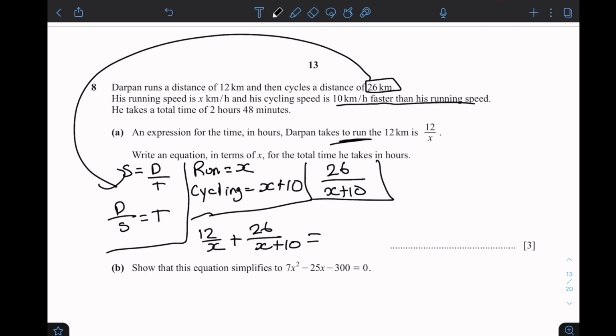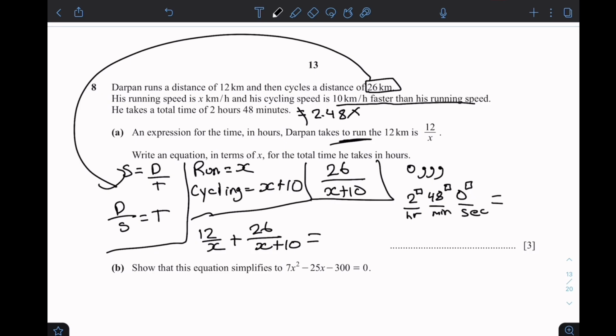You cannot just write it as 2.48. This is not possible. So what you need to do is, in your calculator, there's a special function with the degrees-minutes-seconds symbol. If you're using FX991MS or FX82MS, you can click on this and type in 2, 48, 0. This is hours, this is minutes, and this is seconds.